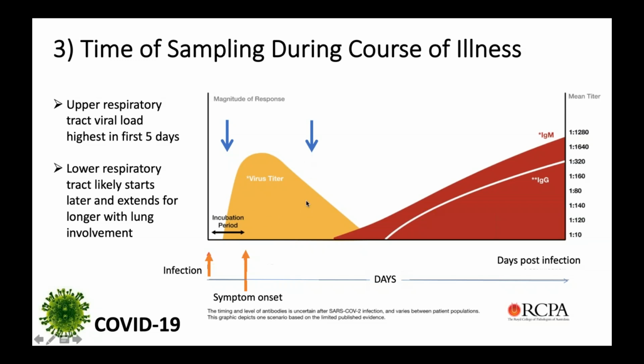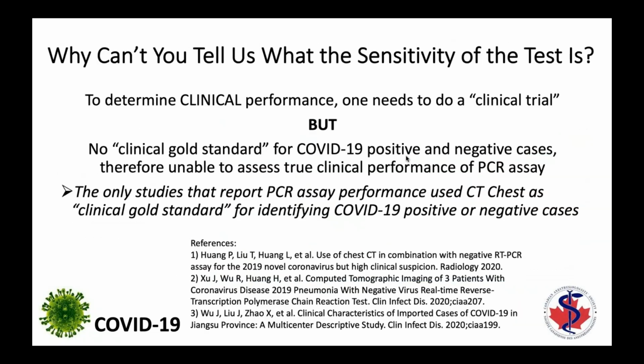A sample collected at this part, days post-symptom onset, may pick up a positive result, but again, you can see here that it is not necessarily a reflection of the peak of the viral load. And finally, if a sample is collected, say 10 or so days, 13, 14 days post-illness onset, it is likely to be negative.